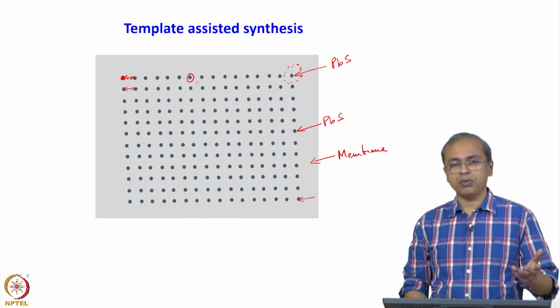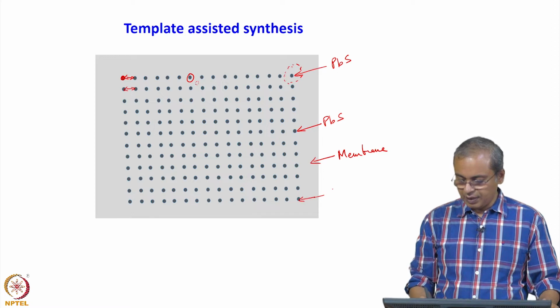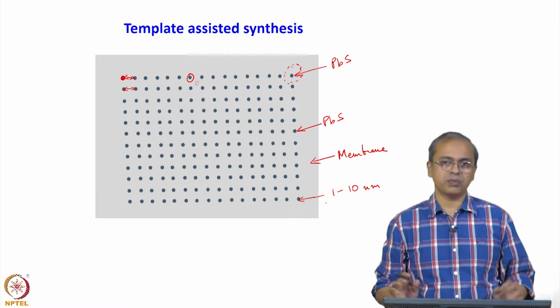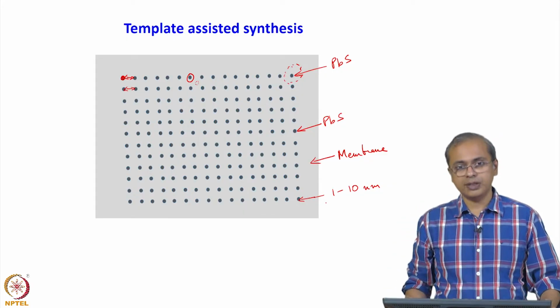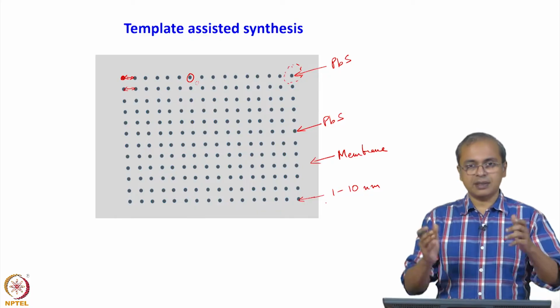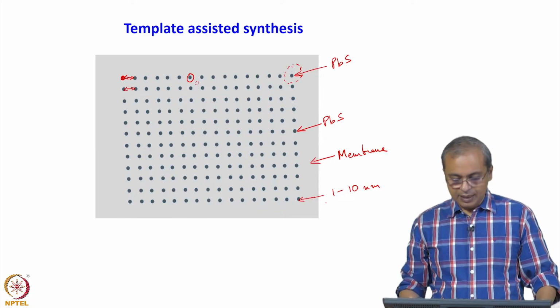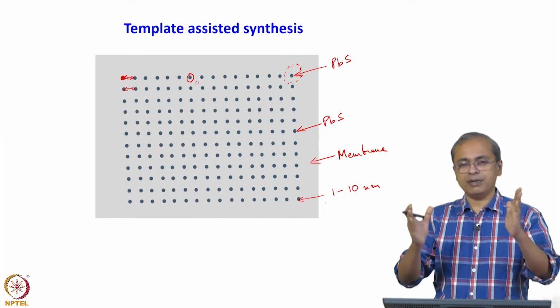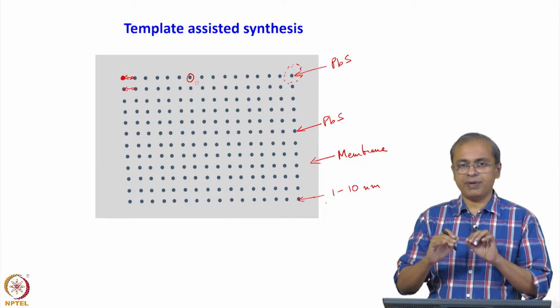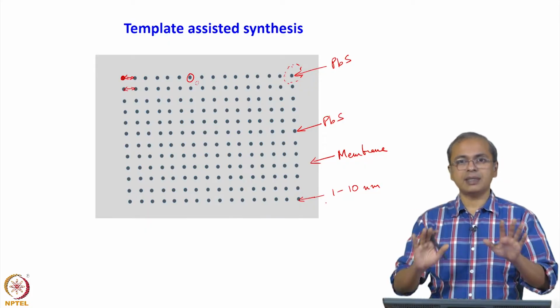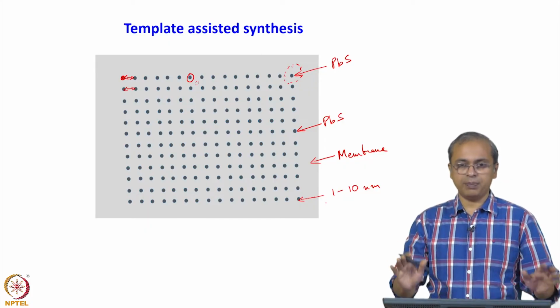We are talking of nanoparticles, in the 1 to 10 nanometer size range, or a few nanometers. So, in that sense, this is not drawn to scale if that membrane is something that you could actually hold in your hand. But that is typically what we are looking at: a membrane that you can hold in your hand, in which there are finely dispersed particles, separate from each other and stably held within that polymer matrix.